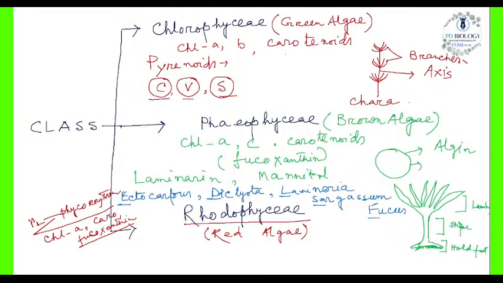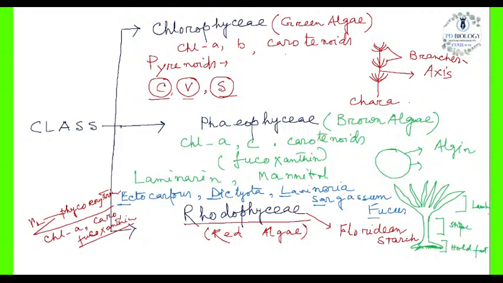And the reserve food in Rhodophytes, you can remember, that is Floridean starch, similar to amylopectin and glycogen in structure. Floridean starch, which is similar to amylopectin and glycogen, keep that in mind.